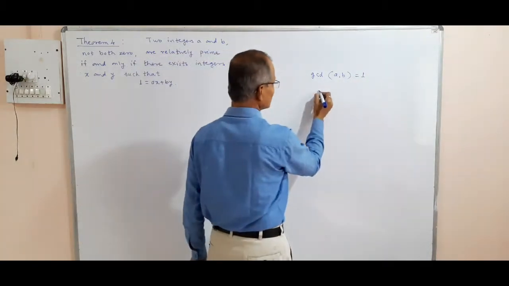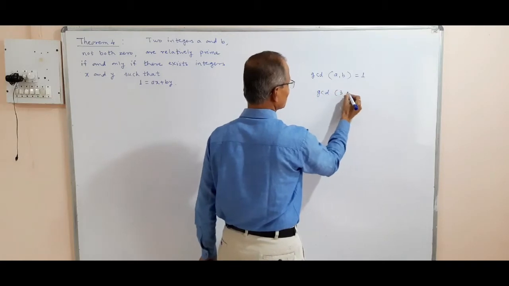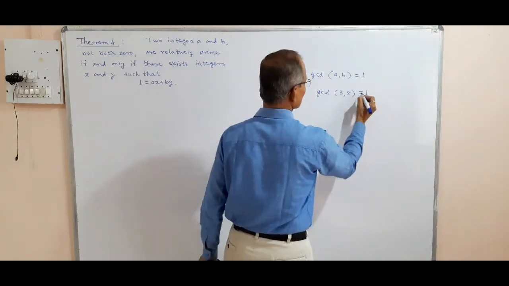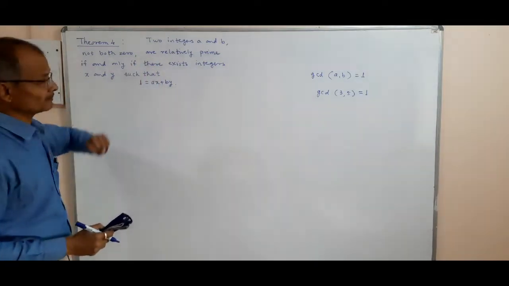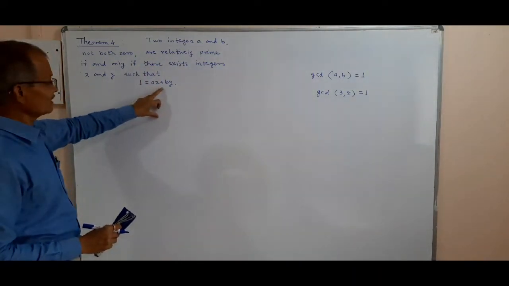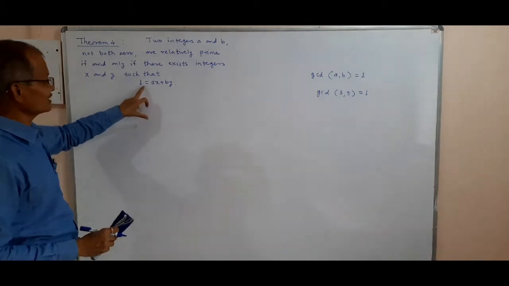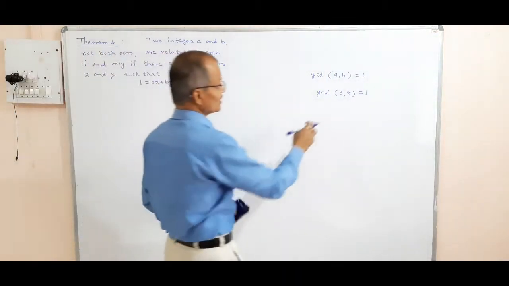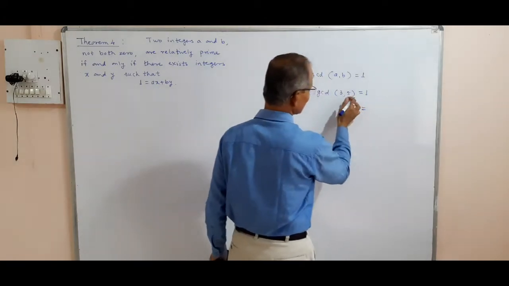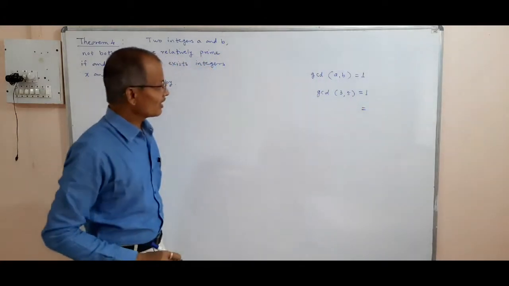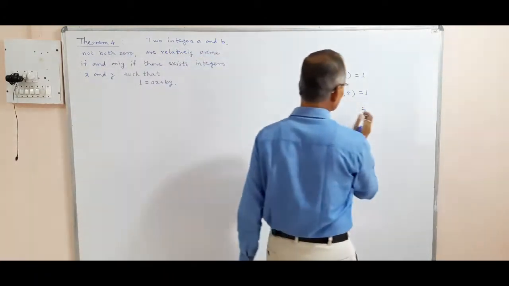Example, we have seen GCD of 3 and 5 is equal to 1. Now what the theorem says is that if these two integers are relatively prime, then 1 can be expressed as a combination of them. So here the GCD of 3 and 5 is 1, and 1 we can express in terms of 3 and 5.